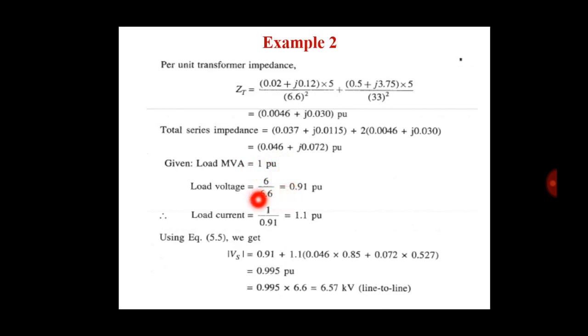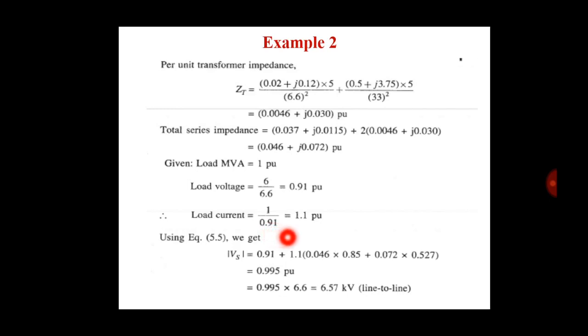Load voltage is equal to actual value divided by base value, so here is the per unit load voltage. Same as we find the load current per unit, 1 divided by 0.91.